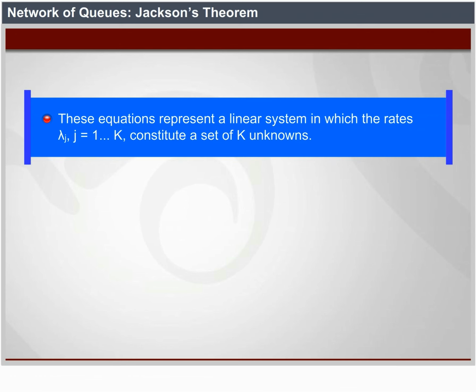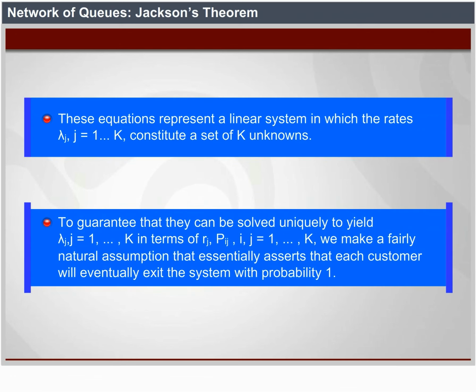To guarantee that they can be solved uniquely to yield lambda_j, j equal to 1 to k, in terms of r_j and P_ij, i, j equal to 1 to k, we make a fairly natural assumption that essentially asserts that each customer will eventually exit the system with probability 1.